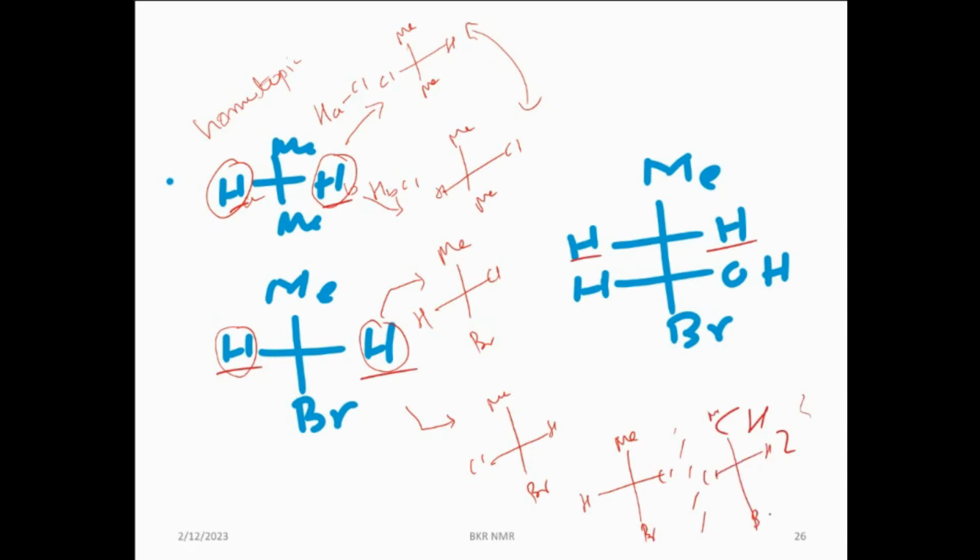What are they? Enantiomers. So when you replace a hydrogen and get homomers, the same molecules, they are homotopic protons. If you replace the hydrogen one at a time and you get enantiomers, they are known as enantiotopic protons.